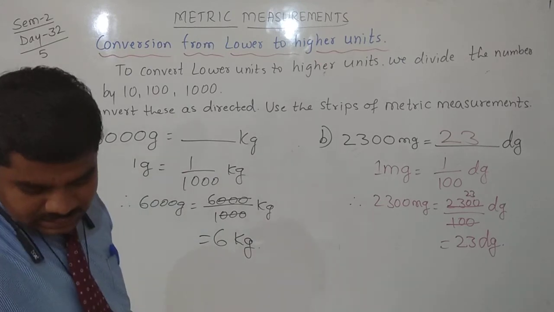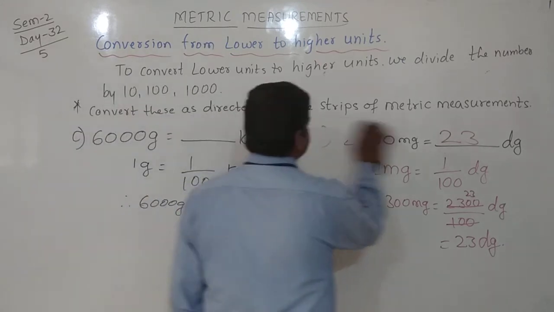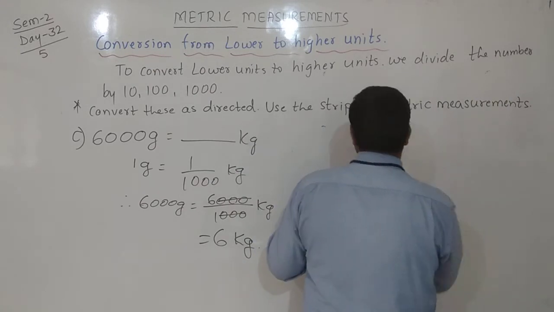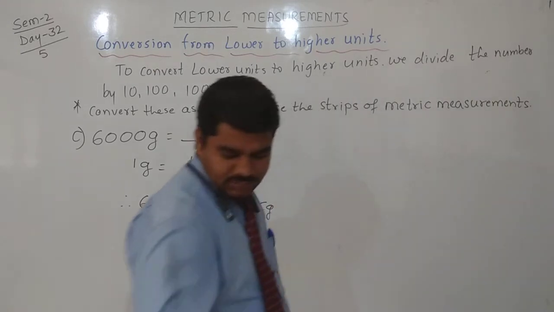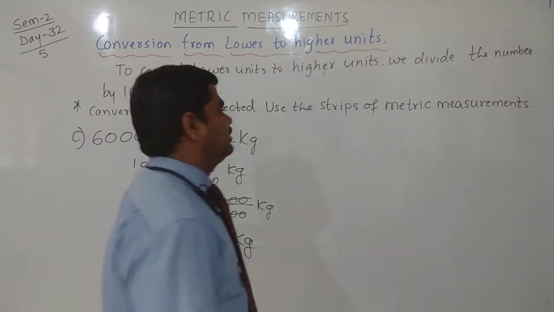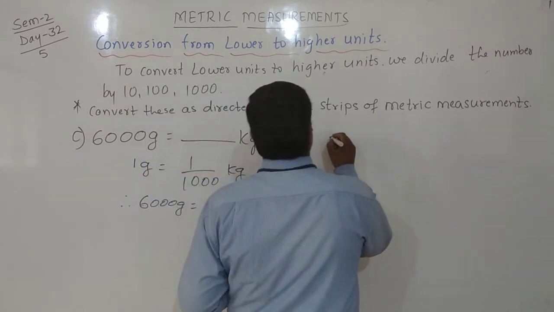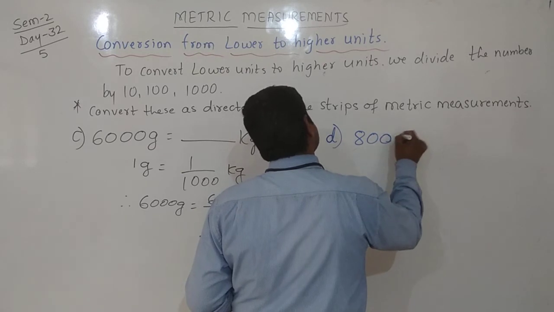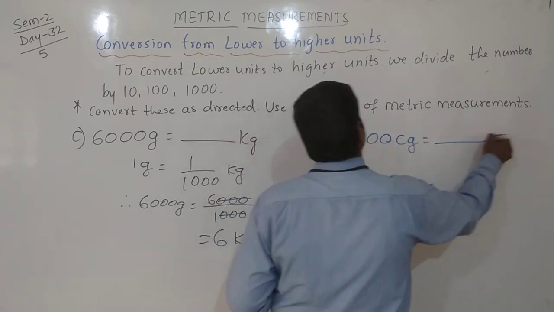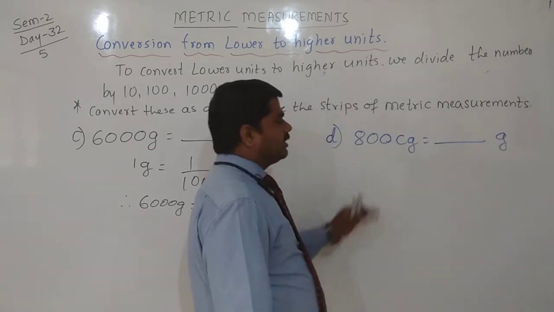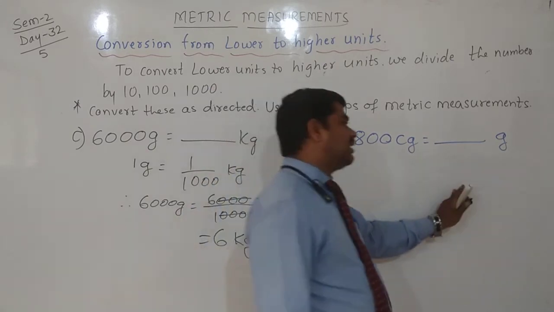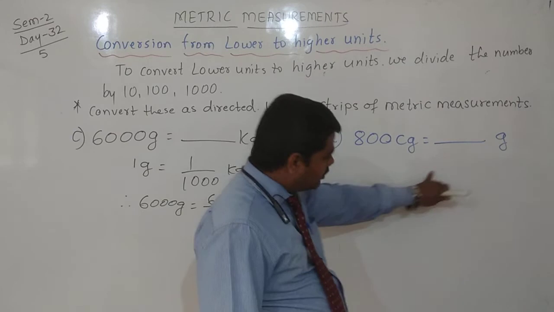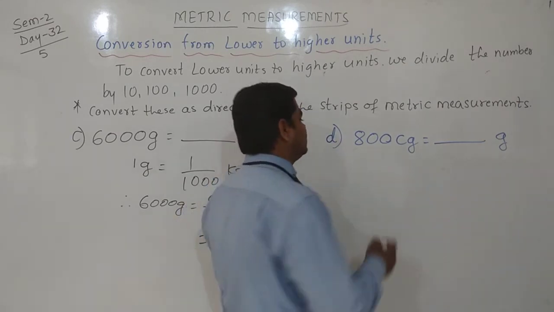Next, D, 800 centigram to grams. After decigram comes centigram. Centigram to decigram, decigram to gram means 2 places.